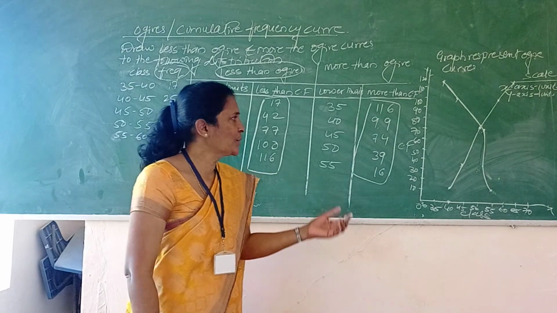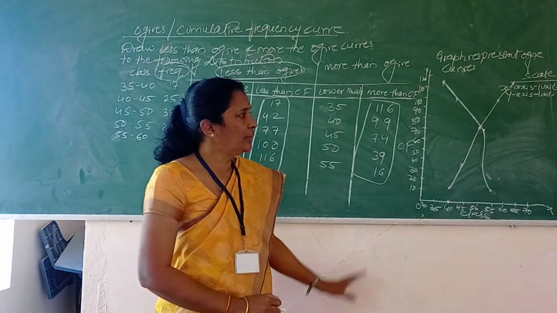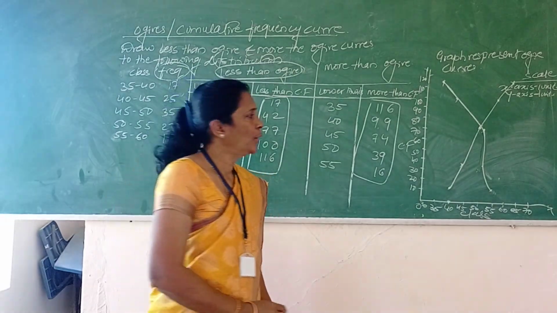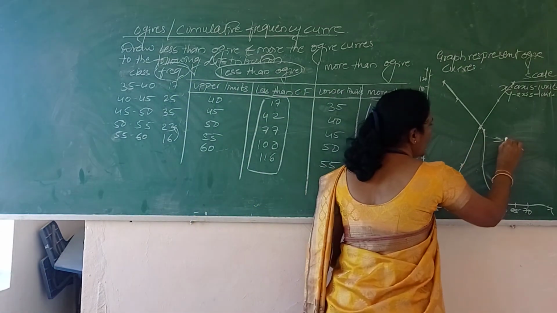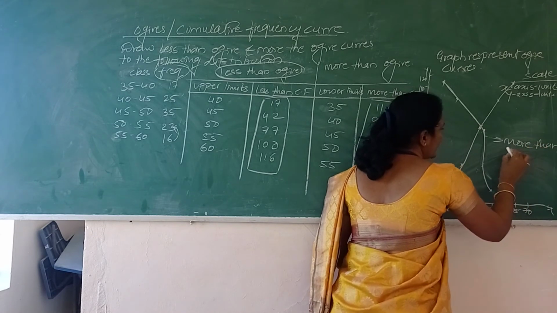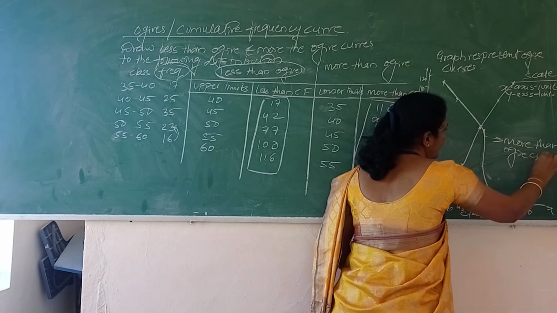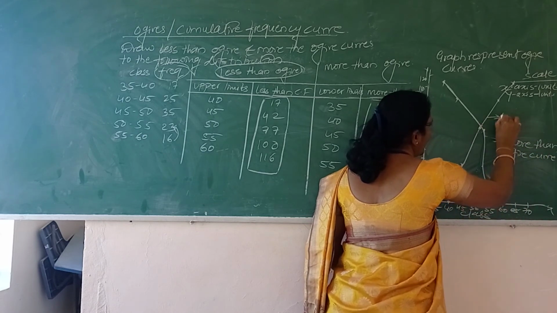When you draw it using a proper scale and graph, it will be much clearer. So this is your more than ogive curve, and this is your less than ogive curve.